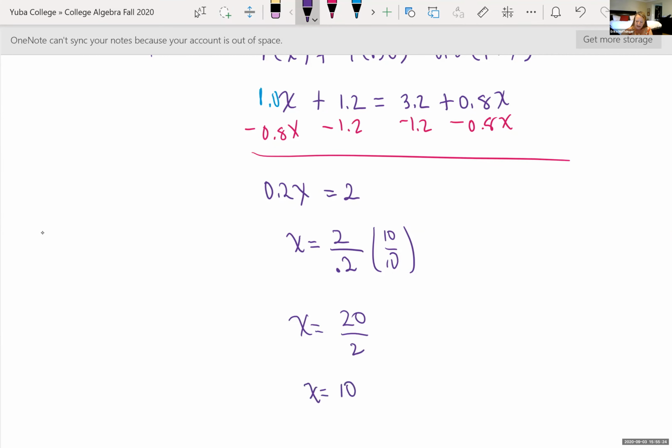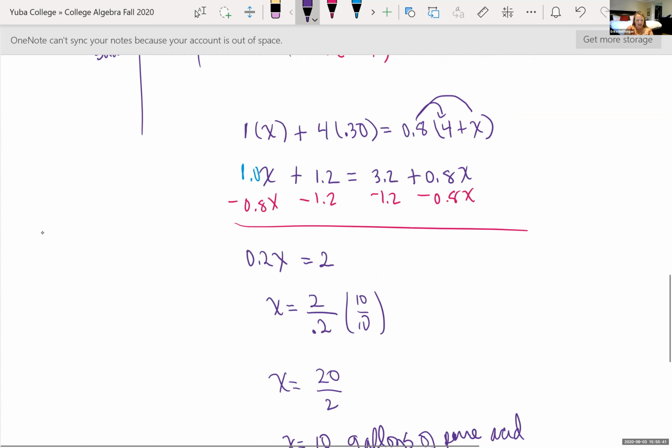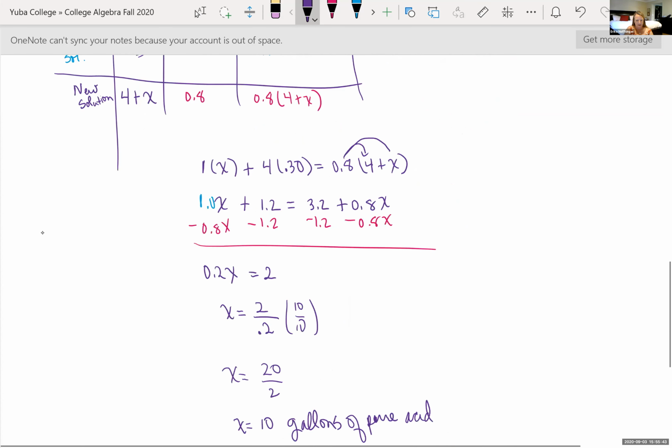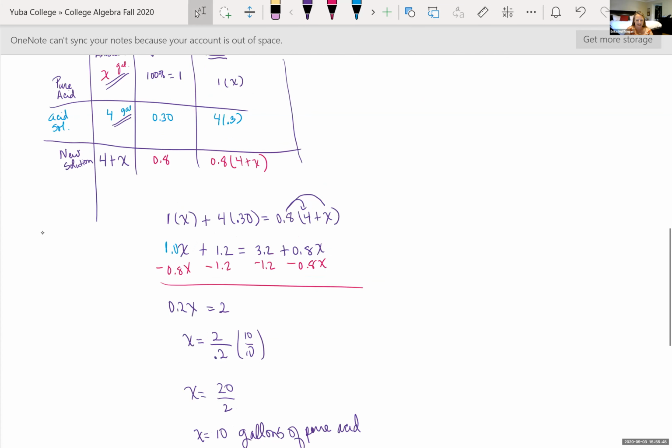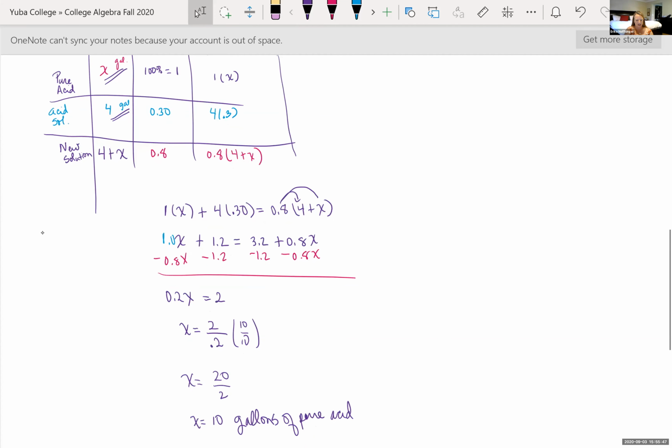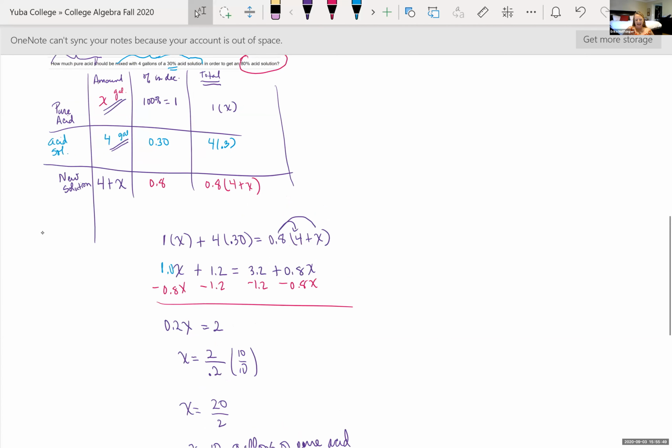So we need 10 gallons of pure acid. So that 10 gallons of pure acid is going to be mixed to the 4 gallons. That's going to give us a new solution, 80% acid, and we'll have 14 gallons of that solution.